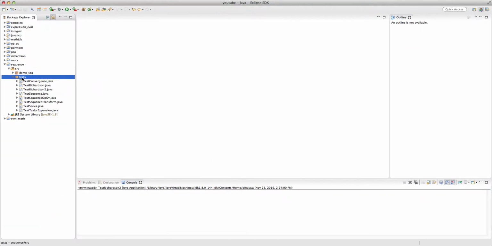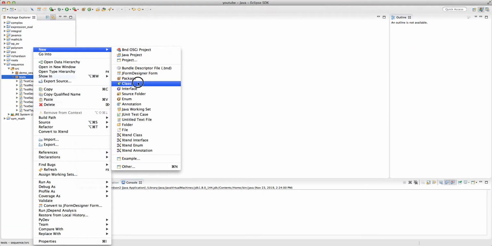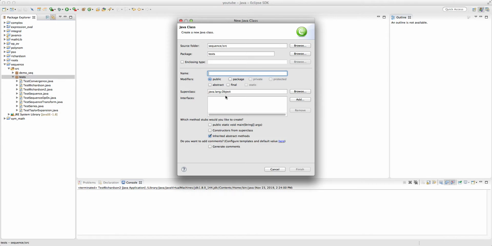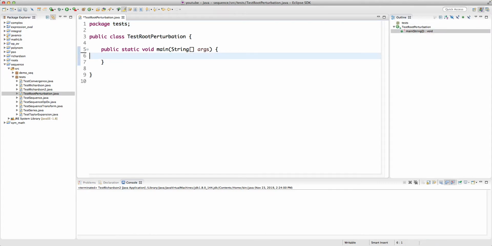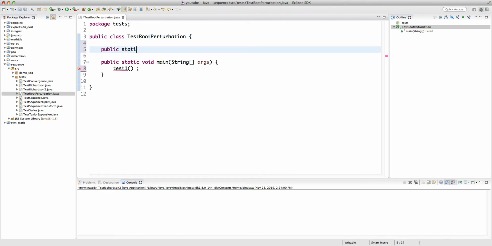In our sequence, in the test package, let's create a class like test root finder, root perturbation. We want to have a main method. Let's call it test1, and test1 is basically just using one of the root finding algorithms. Public static void test1.